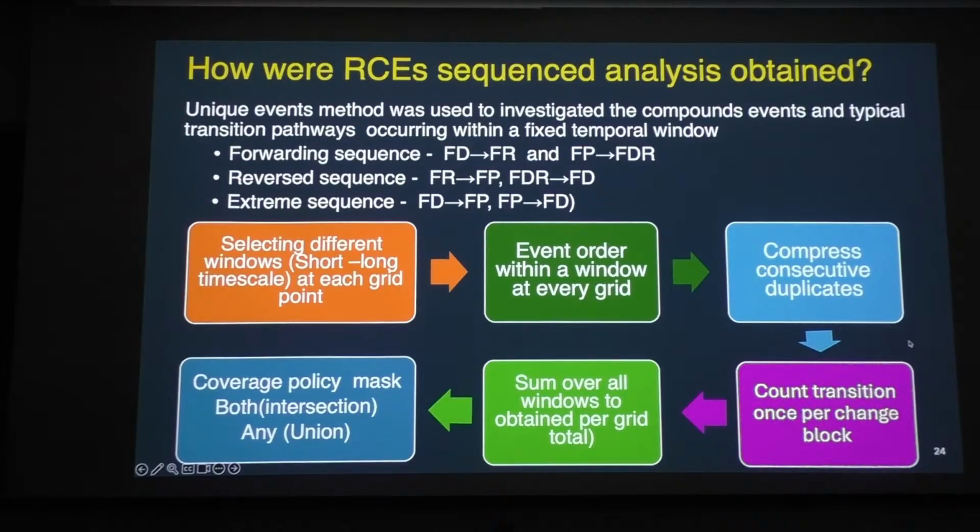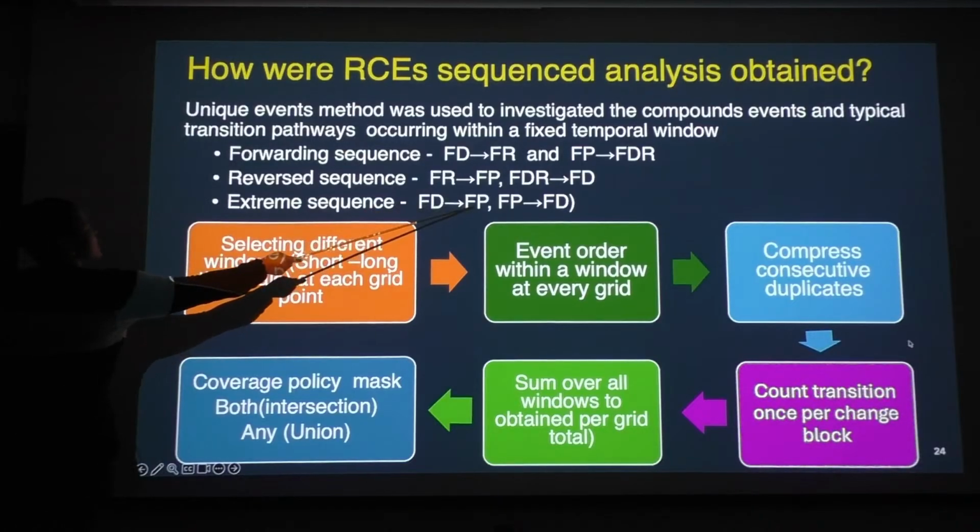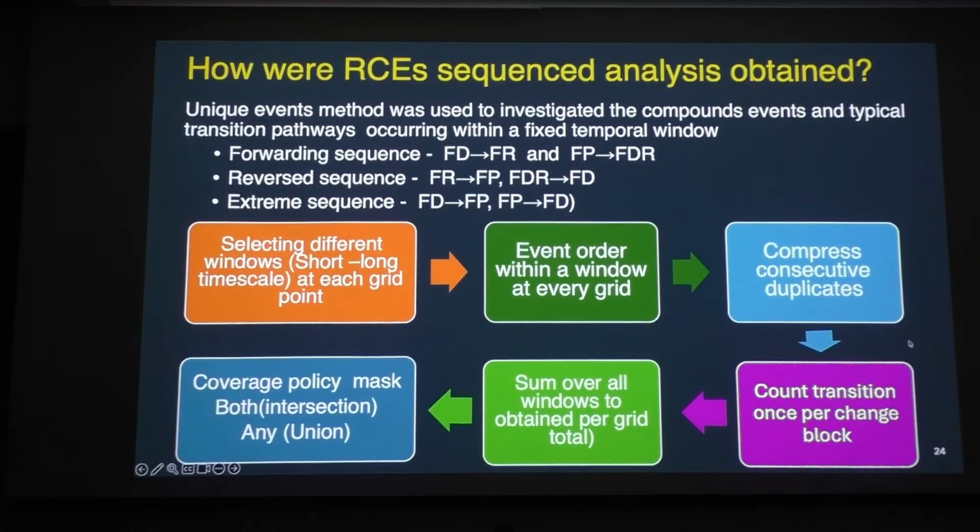And then the extreme sequence is when we come from flash drought to flash pluvial, or flash pluvial to flash drought. And in each of the orderings, we make sure we count each block of sequence.